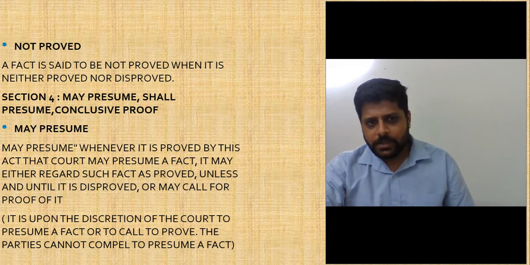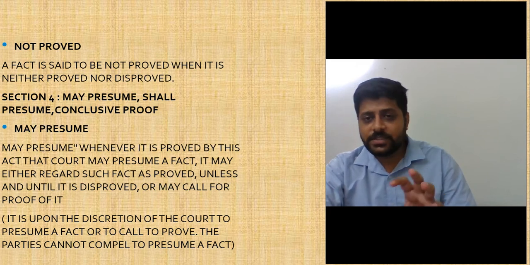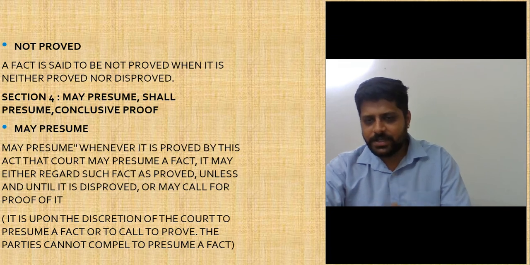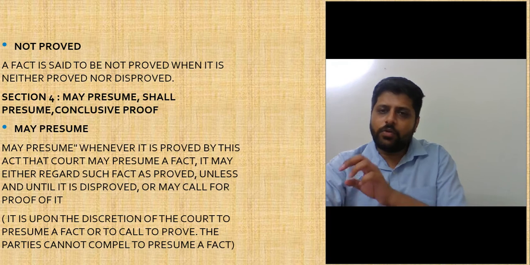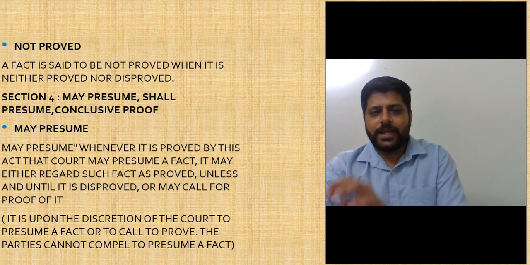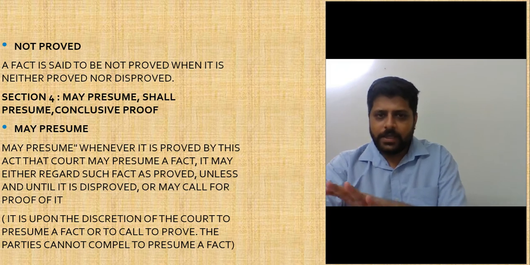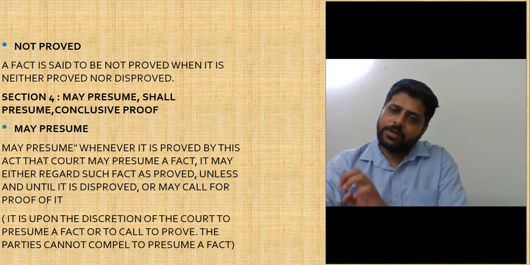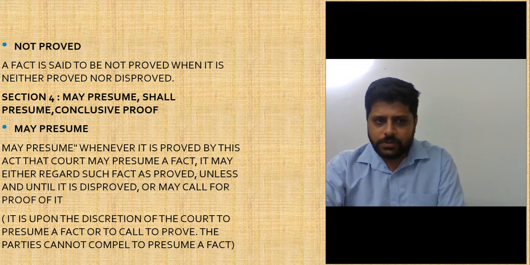I'll refer to Section 113A. You will see that it is the section in which it is written that the court may presume. In the case of may presume, the court will think that this particular fact is a proved fact. It is the discretion of the court, until and unless this fact has been disproved by the defense, or you can say by the accused.